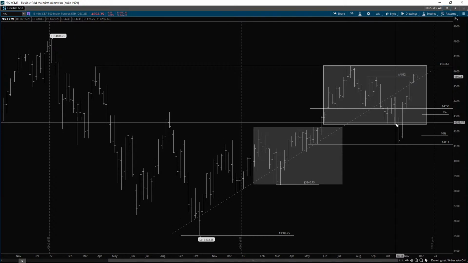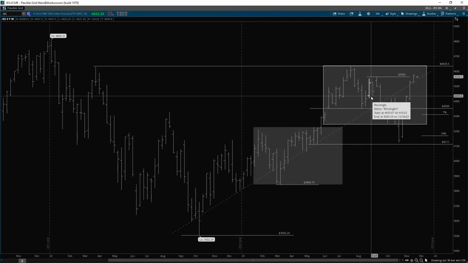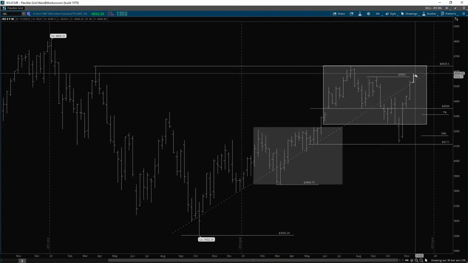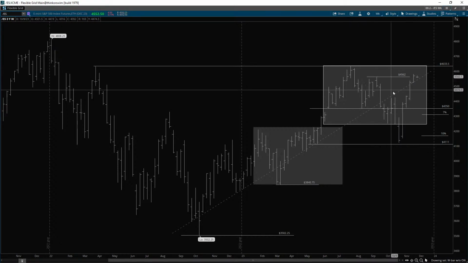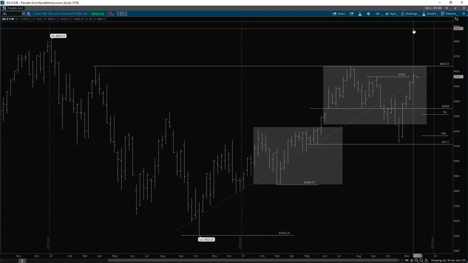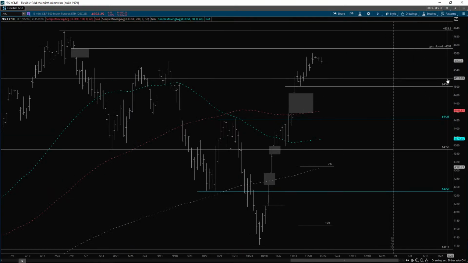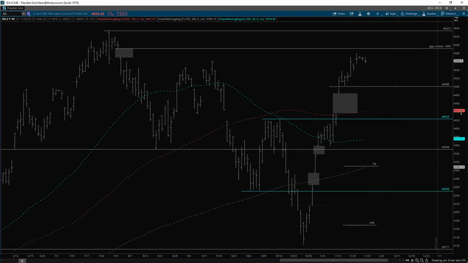And when the fail happens, the opposite side of this range is the destination, the potential destination, and the market has almost reached this one. This rally has all the signs of short covering here.